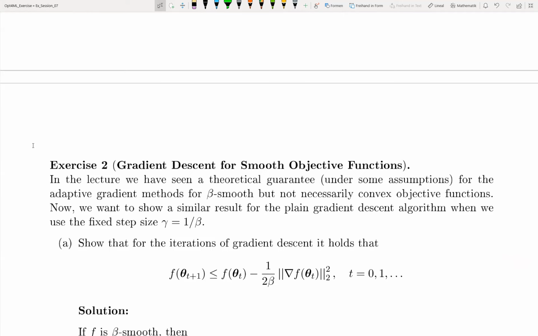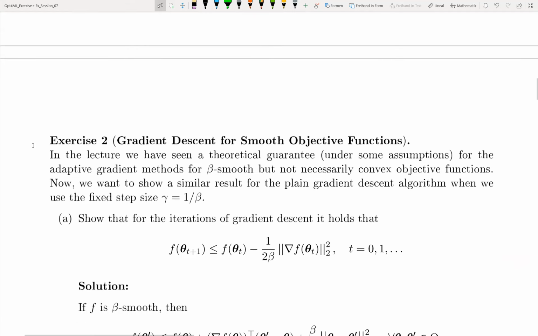So for the adaptive gradient methods, we had these essentially free assumptions, and then you arrived at some statement which is telling us that the minimum gradient we see, or the minimum Euclidean norm we see for the adaptive gradient methods, is bounded by some term which is going down to 0 with the iteration number.